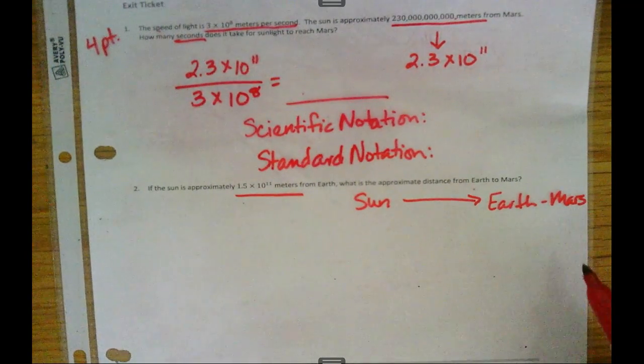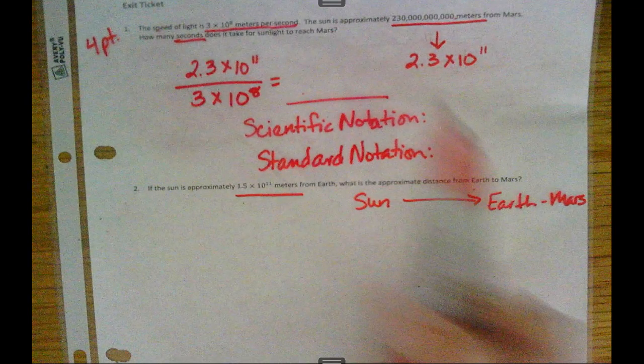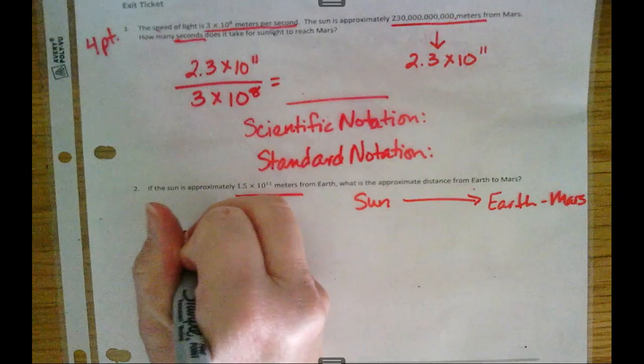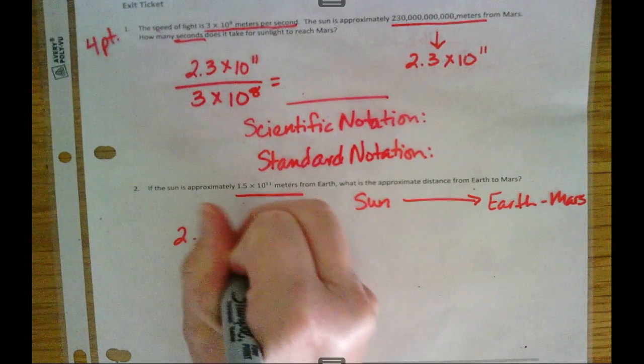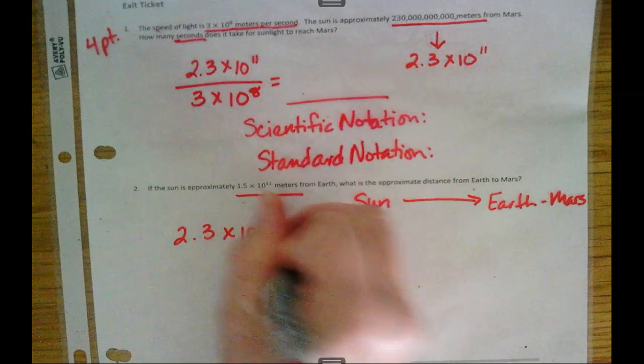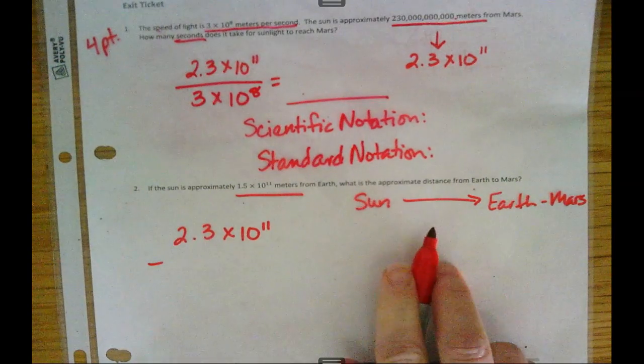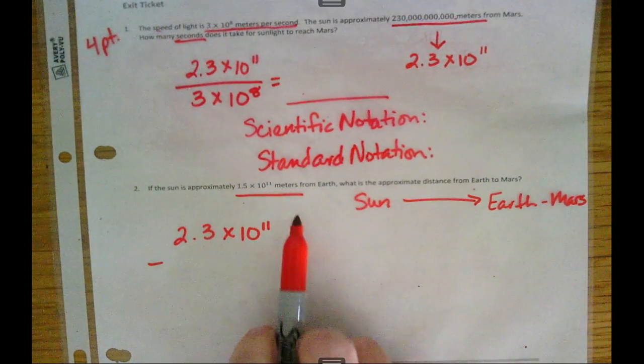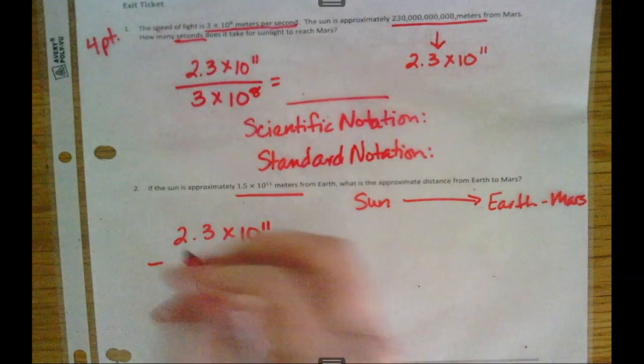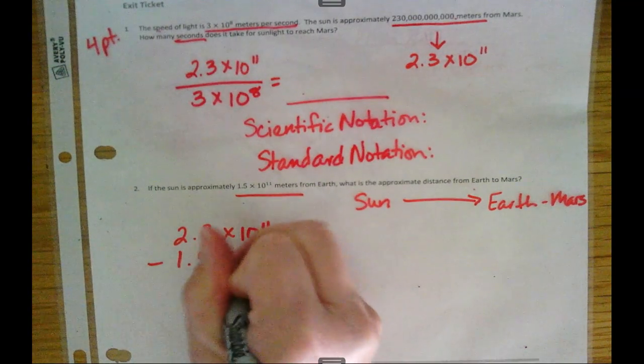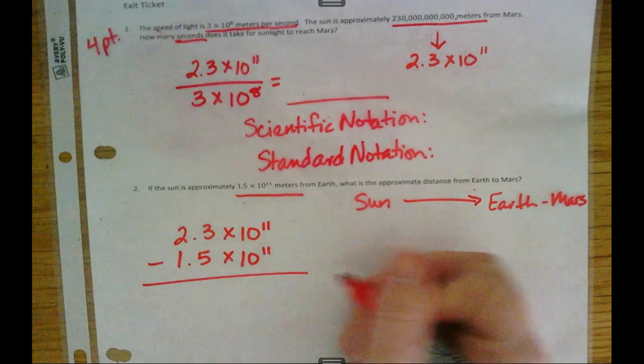So I can take the total distance from the sun to Mars, which we had up above as 2.3 times 10 to the 11th, and we can subtract the distance that the sun is from Earth to get our answer.